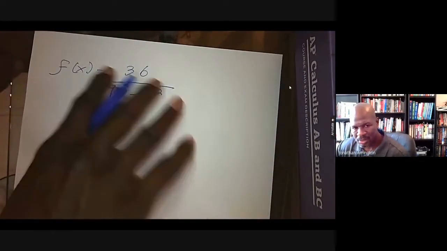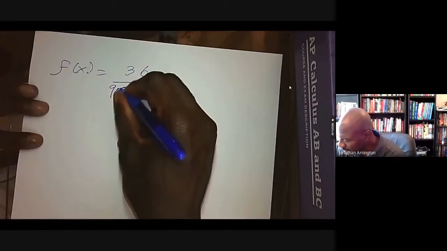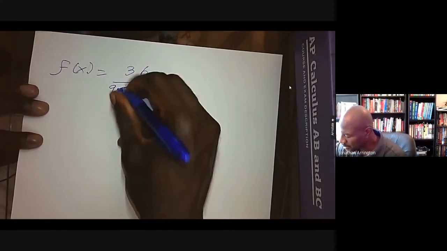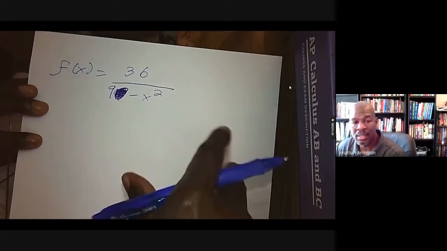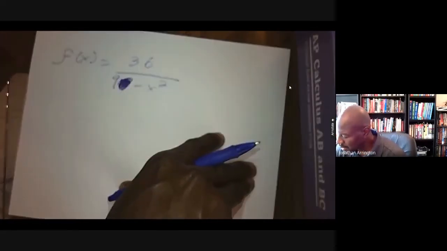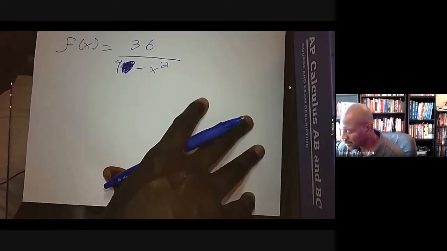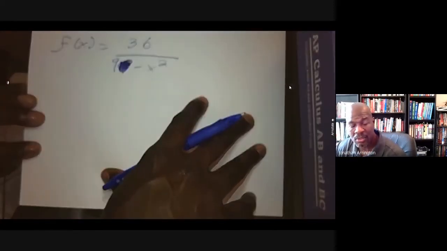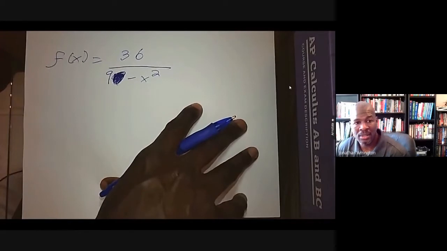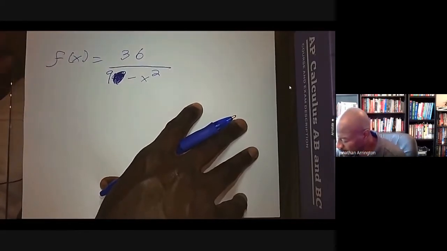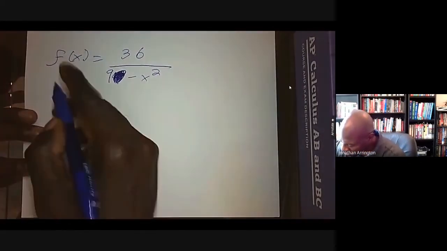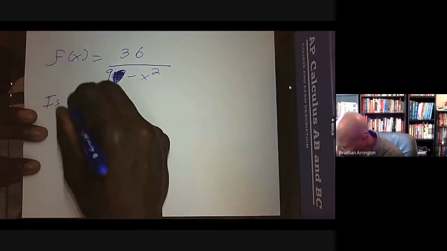The reason I changed that is we'll look at the graph of this as well, and the graph will look a little clearer with that being a 9 instead of a 4. All right. So the question is, is this odd, even, or neither? Some functions are not odd nor even, so a function could be neither.